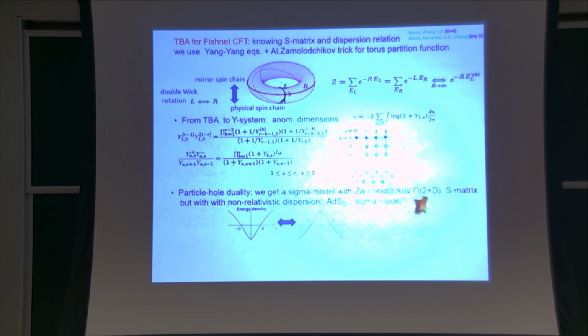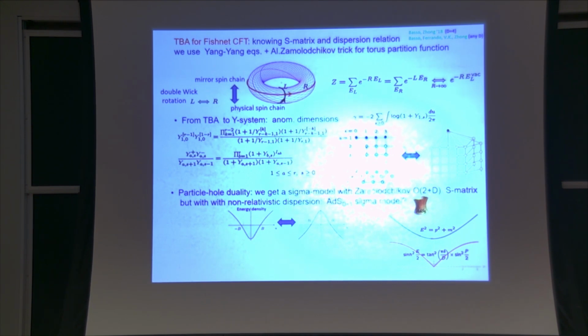And with the S matrix equal to the S matrix of Zamolodchikov, O(2+D), so it's strange because this is the matrix for compact spins, but the dispersion relation is different. Instead of relativistic massive particles like in the Zamolodchikov model, you get this lattice-like dispersion relation, gapless, and this is supposed to be the sigma model describing fishnet graphs.